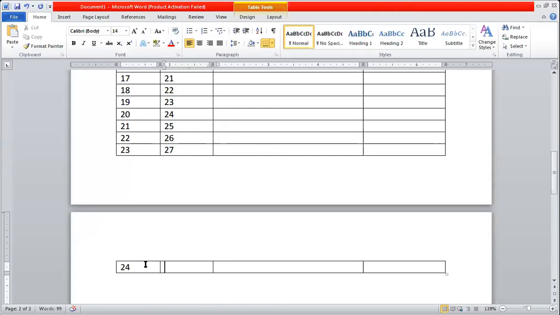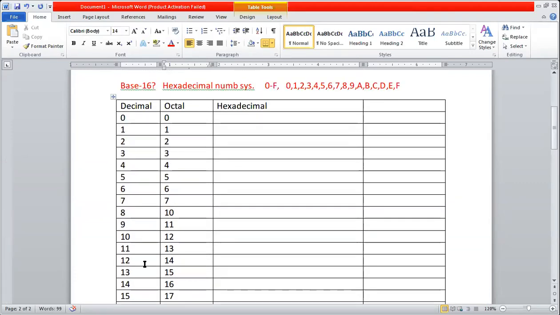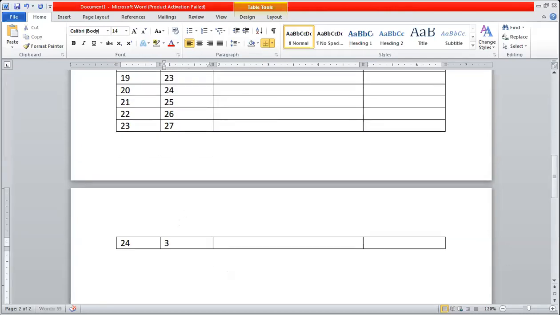What about here? After 27, what will come? Not 31. It is 3 and 0, 30. So after 27, it is directly jumping to 30. So the number 24 in decimal, when converted into the octal number system, is going to be 30 in octal. We have to write a base 8 like this. What is the base here? 10.